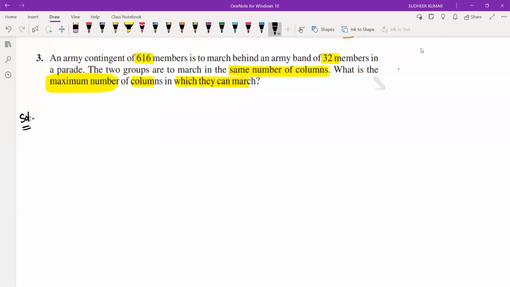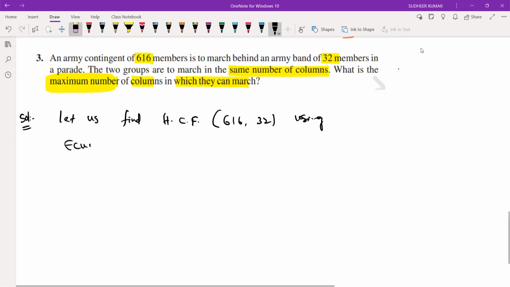So let us find HCF of 616 and 32 using Euclid's division algorithm.